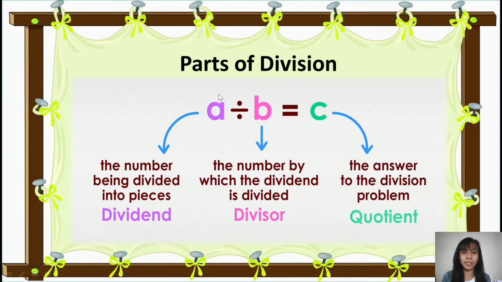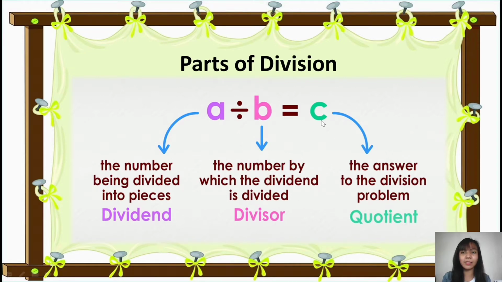The first number here, which is the letter A, stands for the number being divided into pieces. So it is called the dividend. The second number, which is the letter B, the number by which the dividend is divided, is called the divisor.